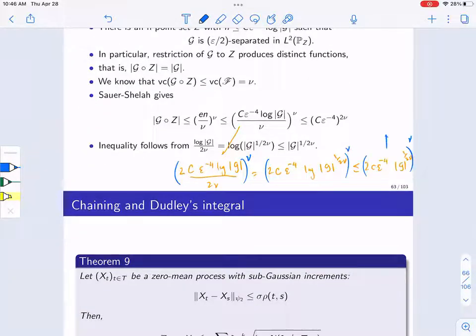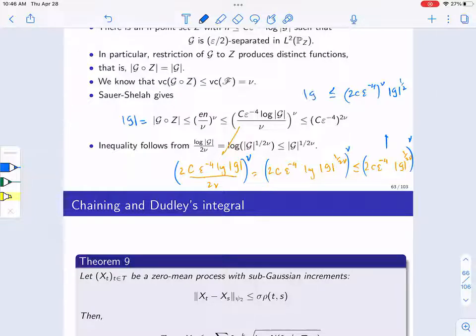So this gives me 2C epsilon to negative 4 nu, and then G to the 1/2. Right, and then I also have, this side is also equal to G because of the fact that they're distinct.